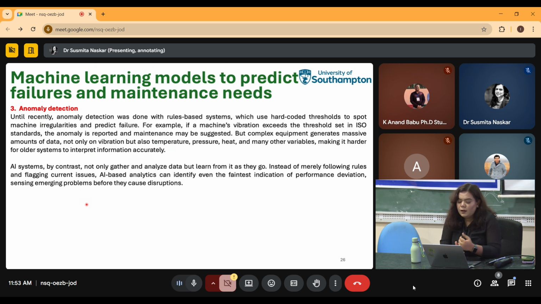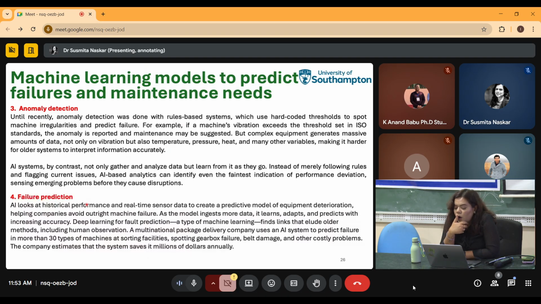Then another one, except the anomaly detection, is failure prediction. So artificial intelligence also looks into the historical performance. This can combine with the real-time sensor data to build a predictive model of equipment.